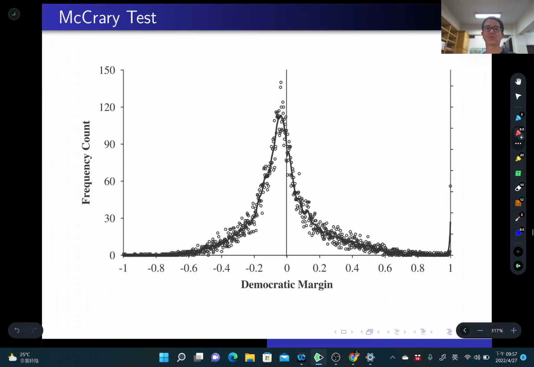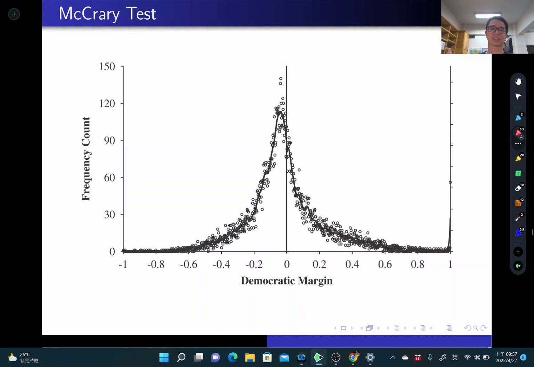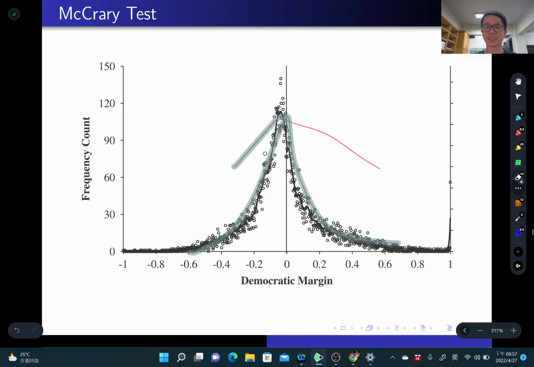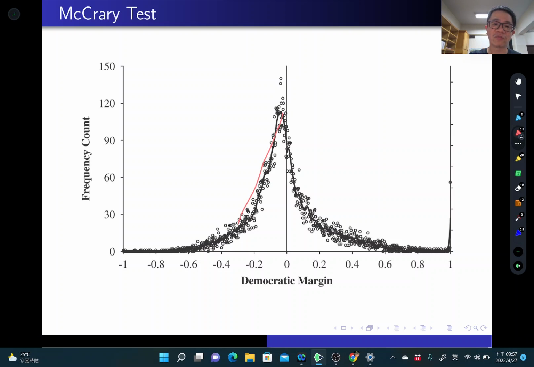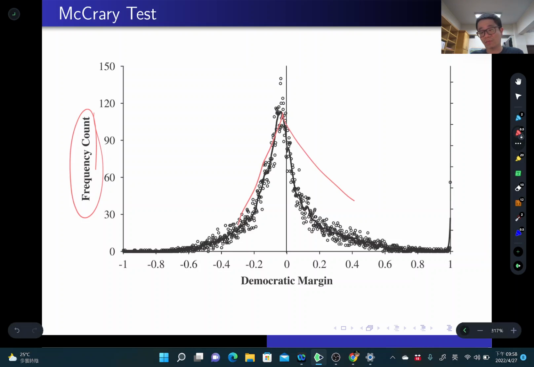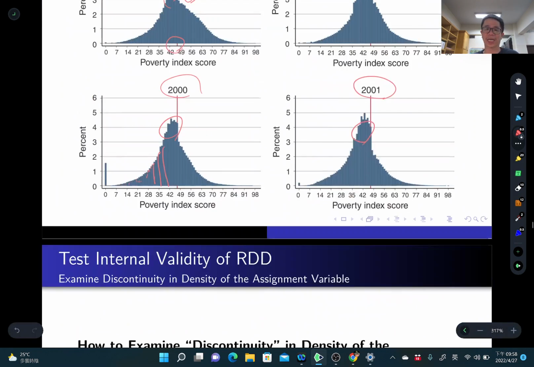Okay, so you can generate this graph and test whether there's any discontinuity in the frequency, the number of observations in each interval. For this example, there's no discontinuity, very obviously in the graph. But sometimes there is some discontinuity.